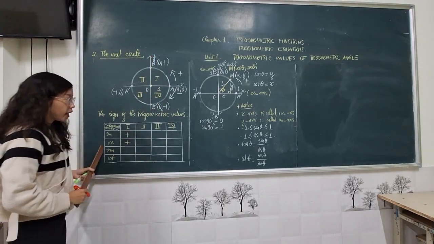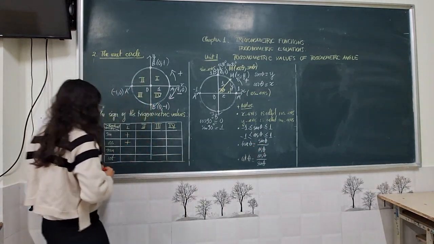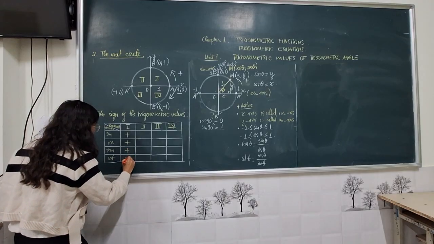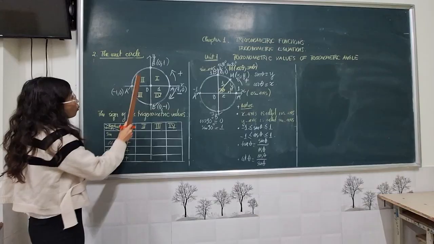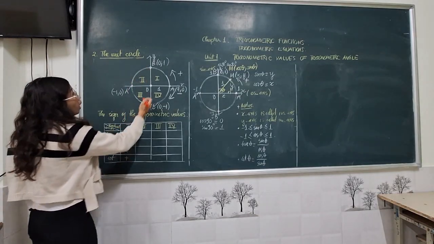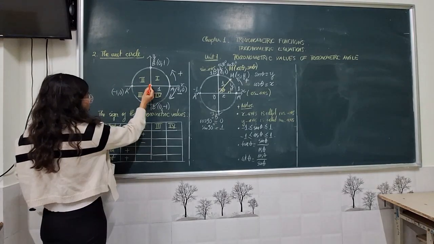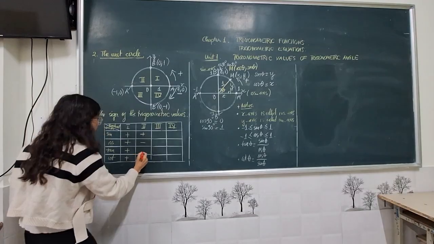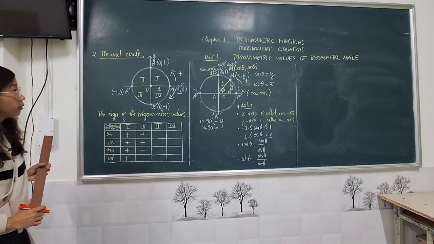Because tan equals sine over cosine, positive over positive is positive, and cotangent is the same. Do the same with quadrant 2: sine is positive, cosine is negative, because cosine is to the left of the y-axis, so tan is negative and cotangent is negative too.